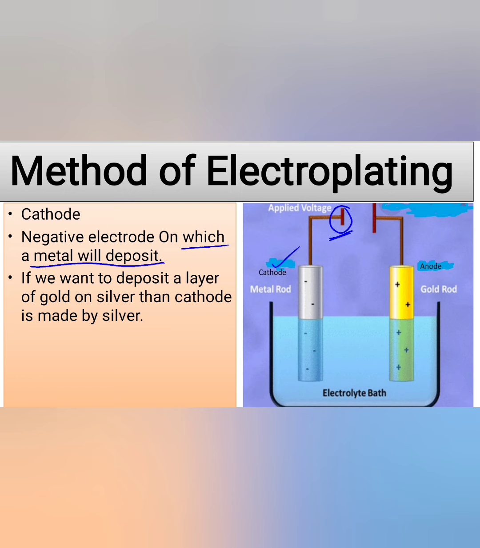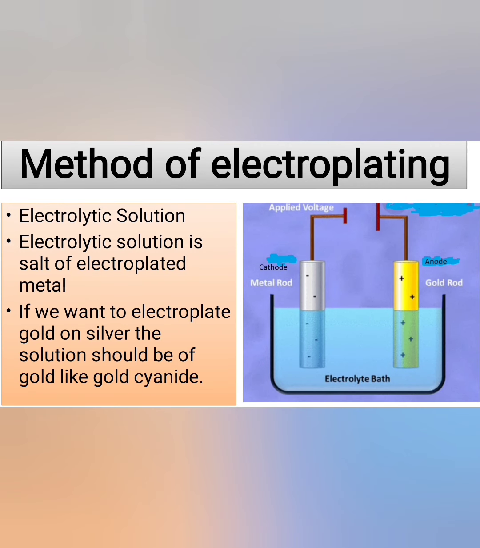For example, if we want to deposit gold on silver, the cathode is made of silver. The function of these electrodes is to connect the cell with the solution. So these electrodes transfer the current from the cell to the solution.